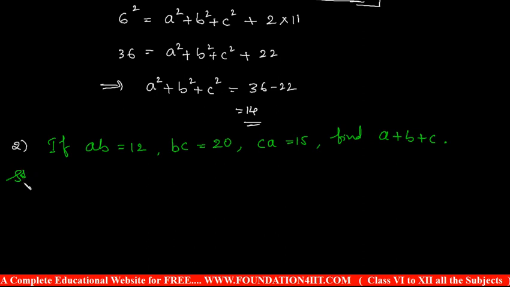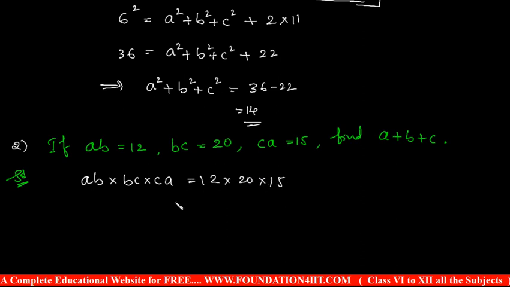To solve this, we need to take the given values first and multiply these three, because we don't know the value of a into b into c. ab into bc into ca is 12 into 20 into 15.